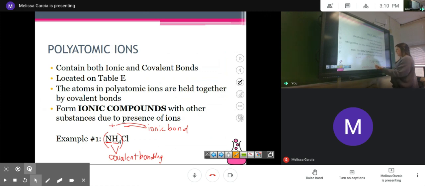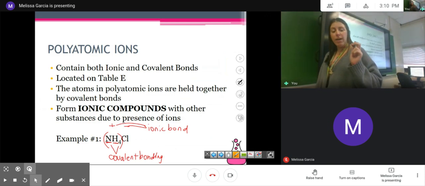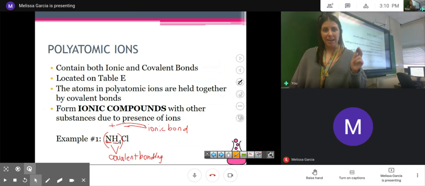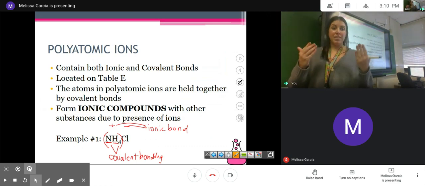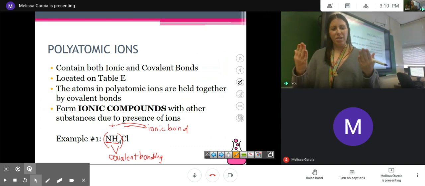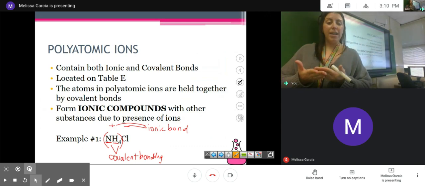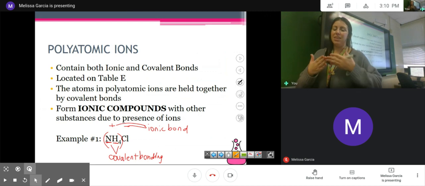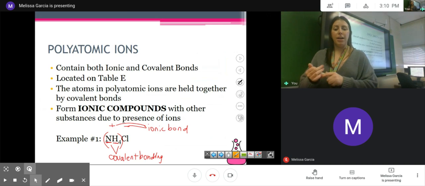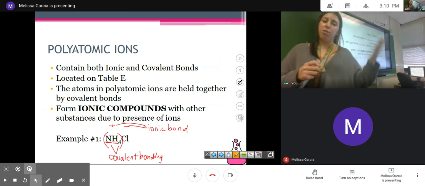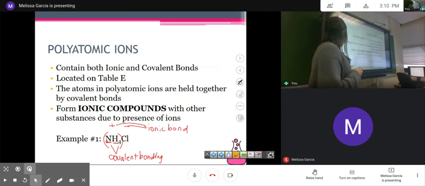But what's holding together the nitrogen and hydrogen in the polyatomic ion, that's a covalent bond because those are two nonmetals here. So anytime you have a compound that has a polyatomic ion in it, this is always what's happening. There's an ionic bond that holds together the polyatomic ion with another ion. And then there's covalent bonding that's holding together the atoms in the polyatomic ion. So compounds with polyatomic ions will always exhibit both covalent bonding and ionic bonding.